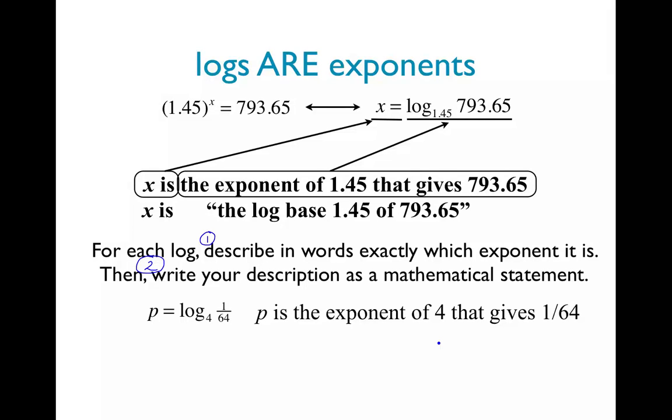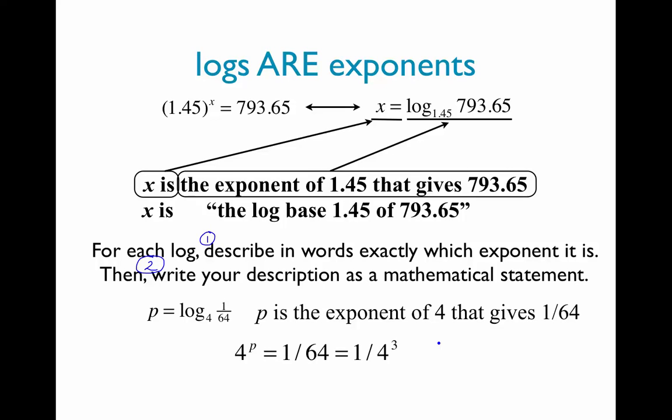P is the exponent of 4 that gives 1/64. And that would mean what mathematically? That 4 to the power p is 1/64. That's it. 4 to the pth power is 1/64.